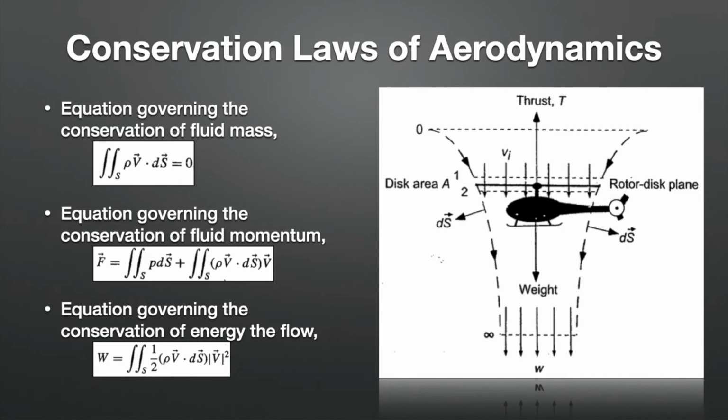Here, the conservation of energy equation, this last equation states simply that the work done on the fluid by the rotor manifests as a gain in kinetic energy of the fluid in the rotor slipstream per unit time. It is a scalar unit since it is W.